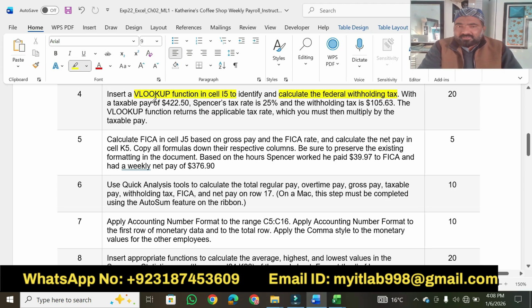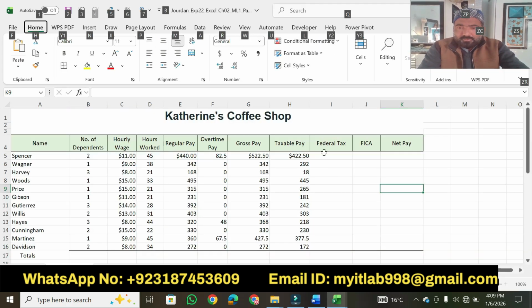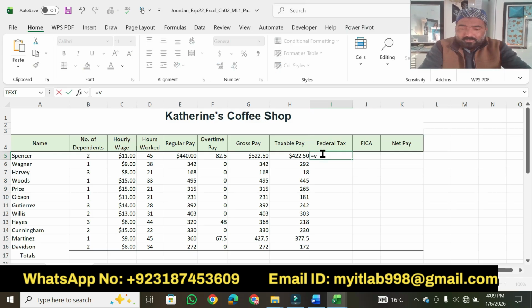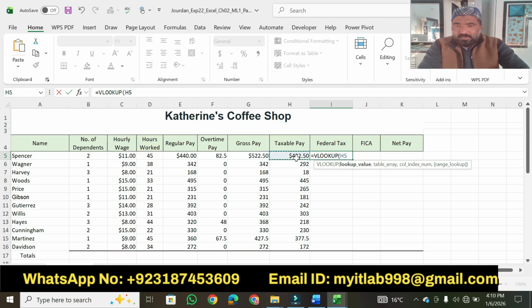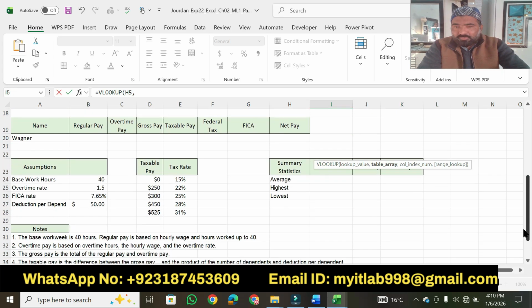So with a taxable pay 422.50, the tax rate is this one, and the withholding tax is this one. Okay, so the VLOOKUP function returns the applicable tax rate, which must then be multiplied by the taxable pay. So we use a VLOOKUP function there, then H5, then the table range that we will use is this one.